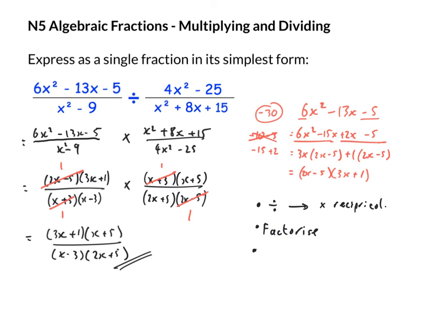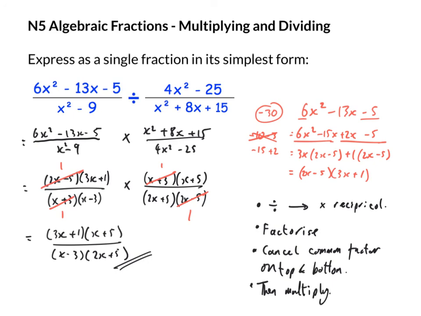Then you need to cancel your common factors on the top and bottom, on the numerator and denominator. Only once you've done that, then you multiply together. Okay, you do that, you'll get these right every time.